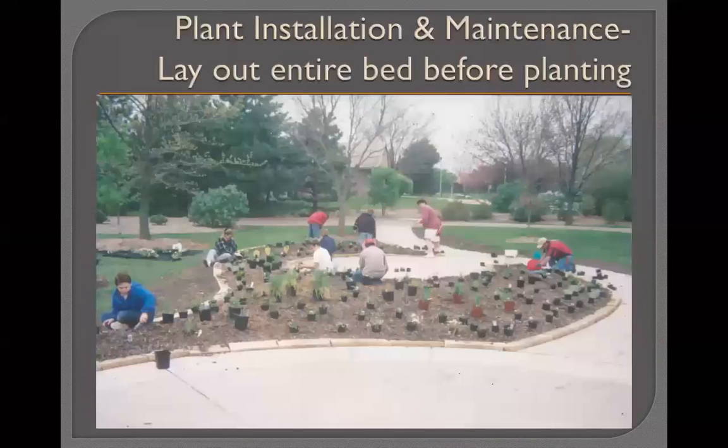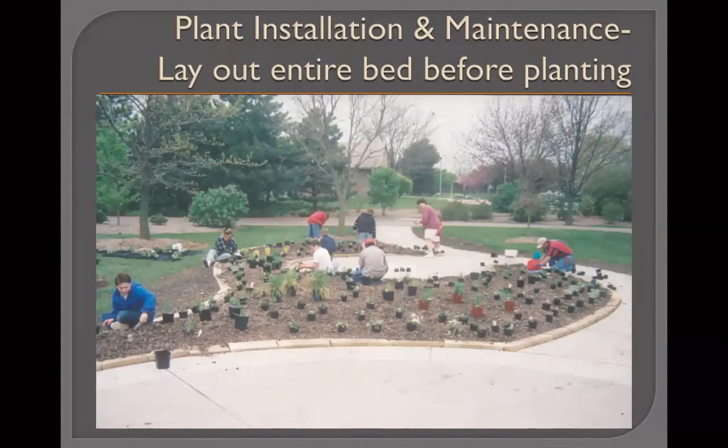So after you've thought about all those principles and you have an understanding of the plants that you want to incorporate within your design, there's great material within our native plant guide. The National Wildlife Federation's plant finder website helps you identify which plants would grow well in your region as well.